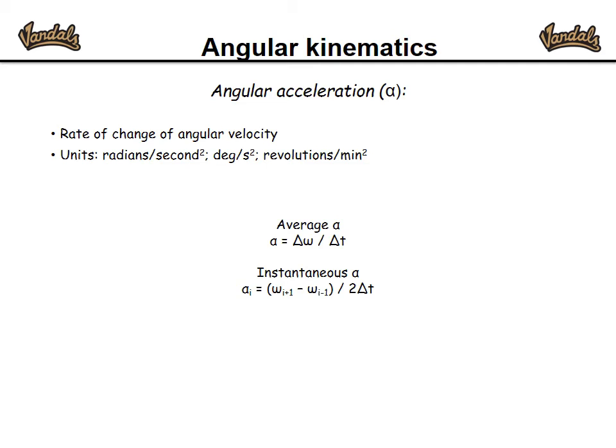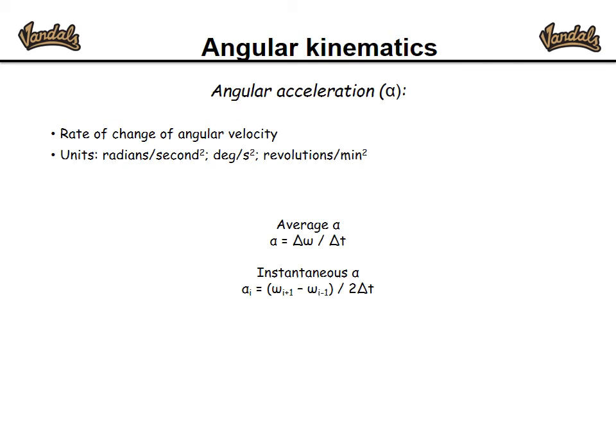Going forward, we'll take it to the next level, and we have angular acceleration, known by alpha, the rate of change of angular velocity, so delta omega. Again, your units are your angular position units with respect to your time squared. We take this all the way down here for the average, and we have delta omega over delta t, and that is your average acceleration.